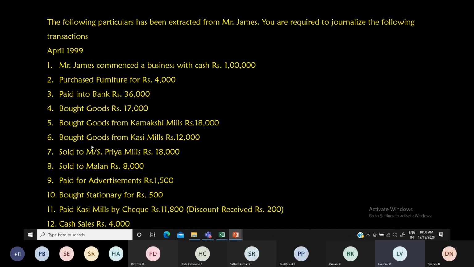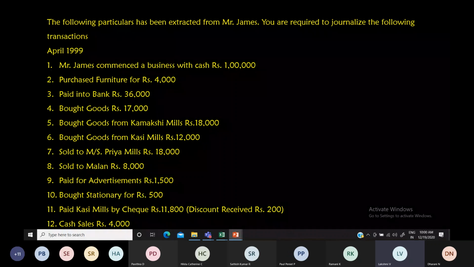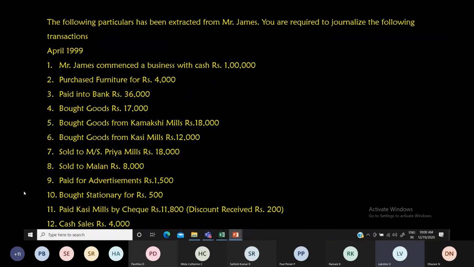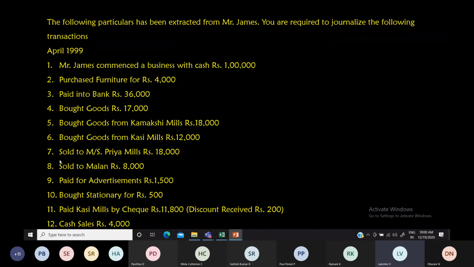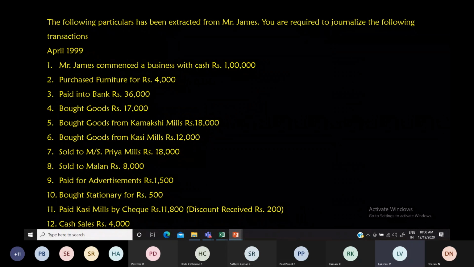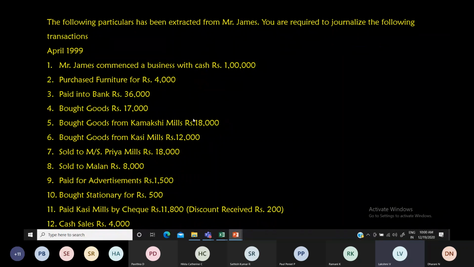Sales are of two types: cash sales and credit sales. Cash sales means generally, if the transaction is silent about it, then it is a cash sale. When a particular person's name is mentioned, then it is a credit sale. If a person's name is mentioned along with cash, then again it is a cash sale only.